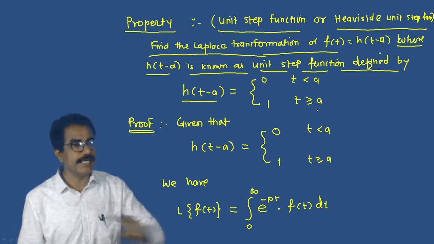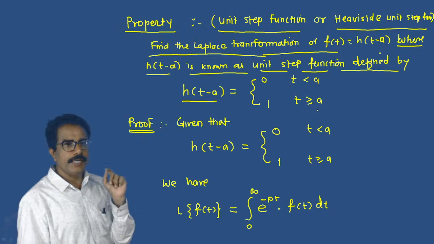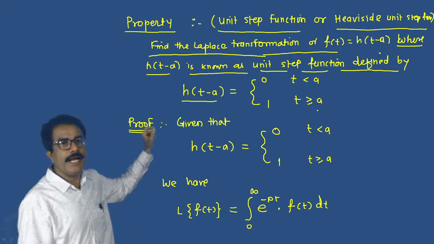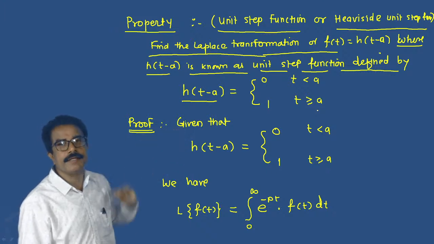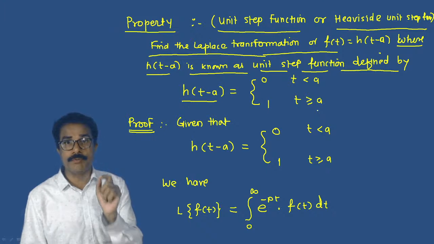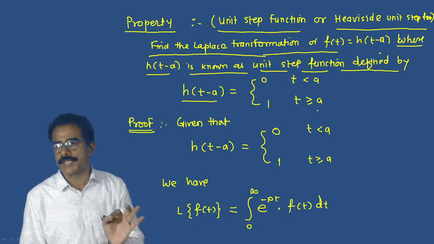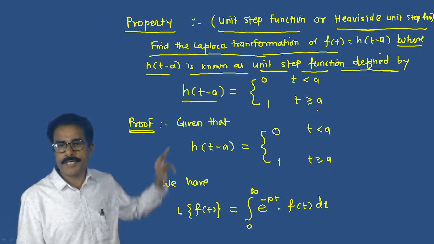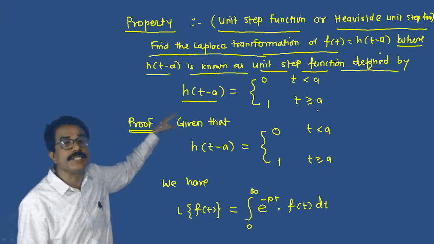Its nature is h into t minus a equal to 0 if t is less than a, and if t is greater than or equal to a, then it will be 1. So you have to write this as the definition of the unit step function.